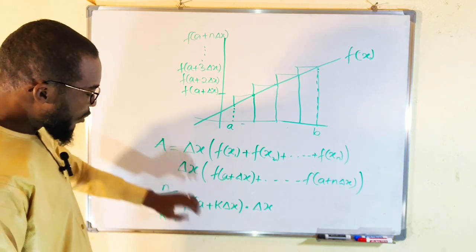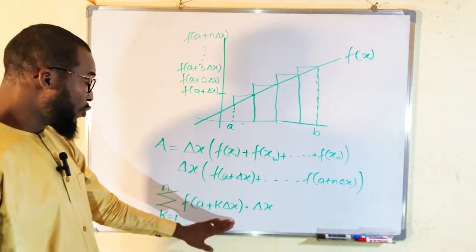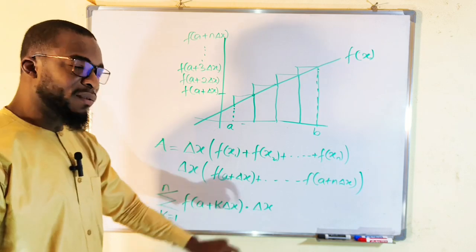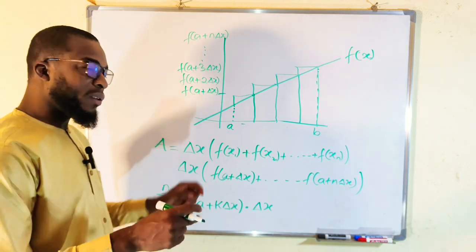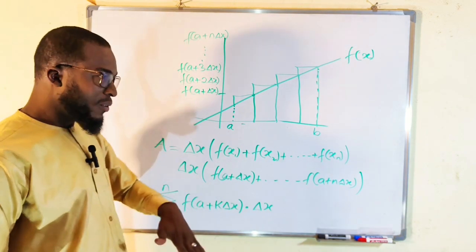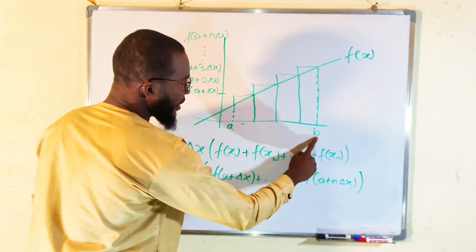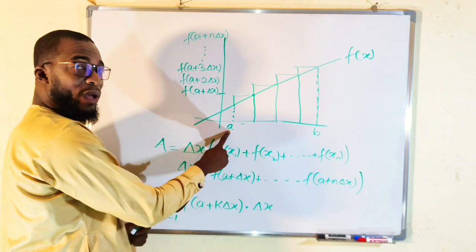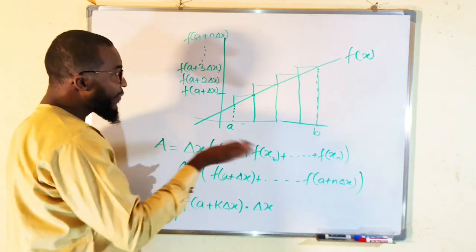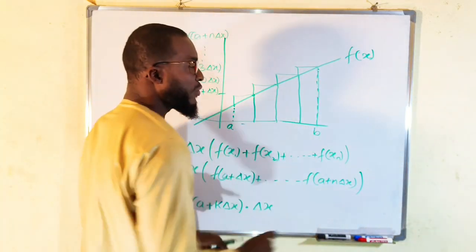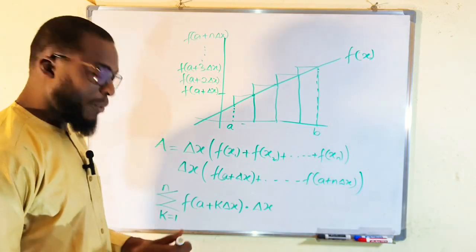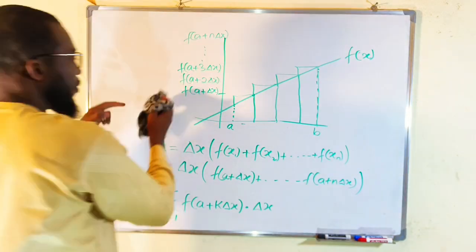So let me wipe this one and continue simplifying this, because we know what dx is. dx is defined as the upper limit minus the lower limit, divided by the number of rectangles you want to inscribe, which we call n because we don't know their number.